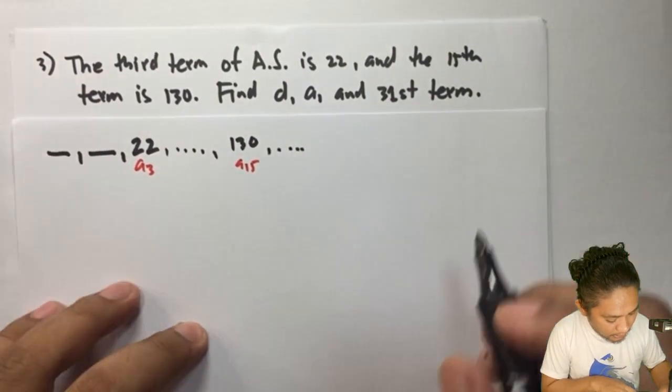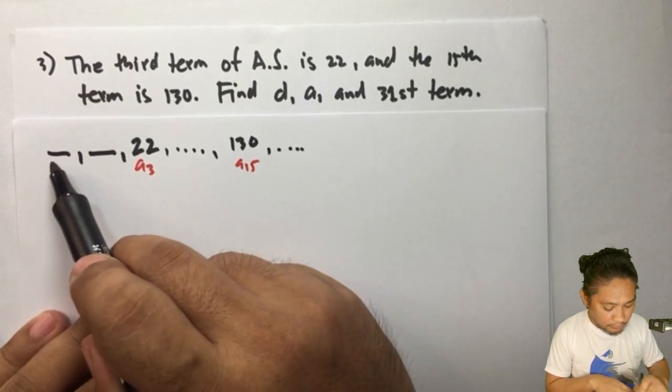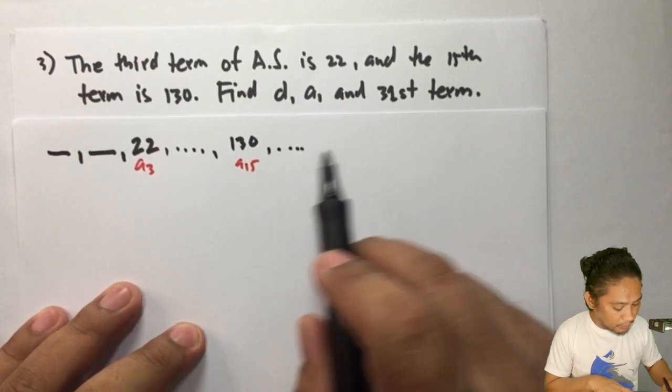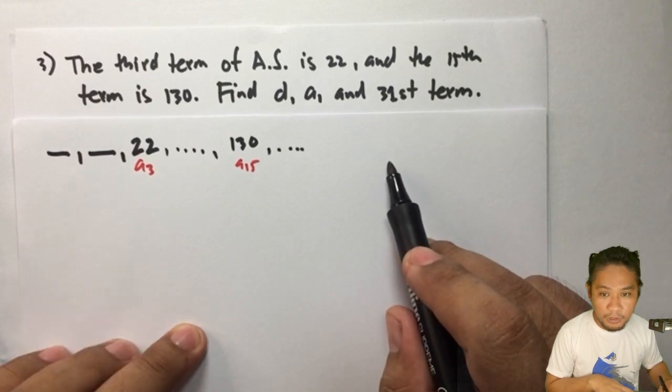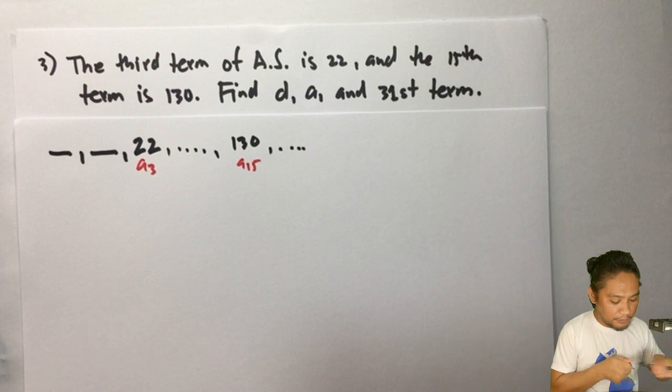And basically we are asked to solve the d, our first term, which is right here, and our 31st term, which is somewhere here. So for us to be able to do that, we need to solve for d first.